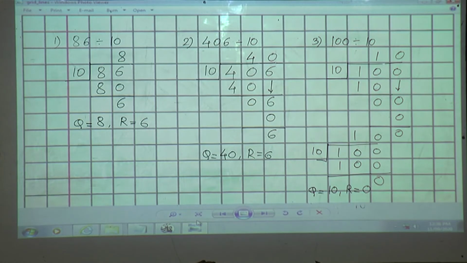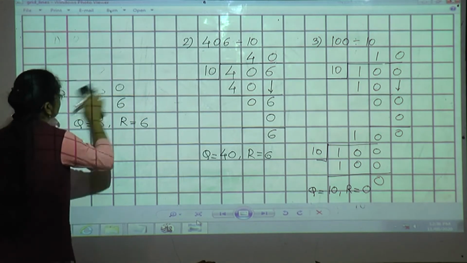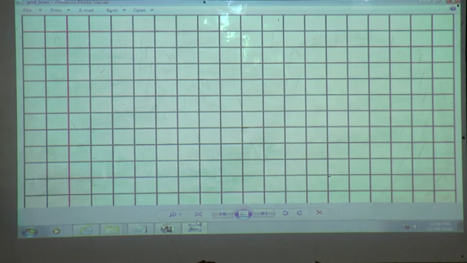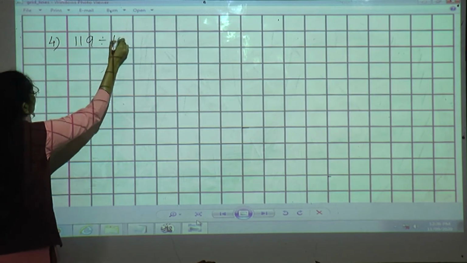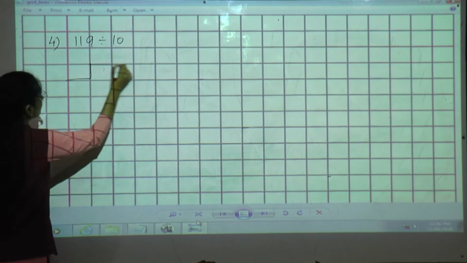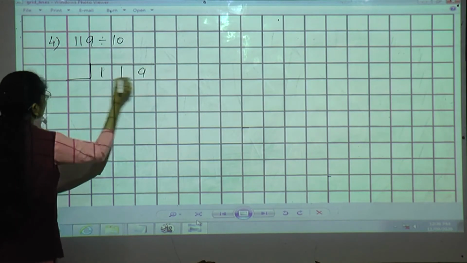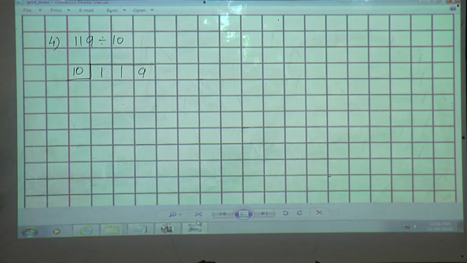Yes? Okay. Fourth example we will see. What is the fourth example? 119 by 10. Now see the number carefully and tell me the answer.